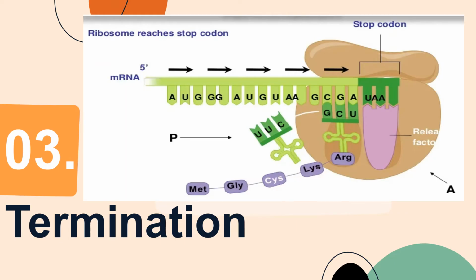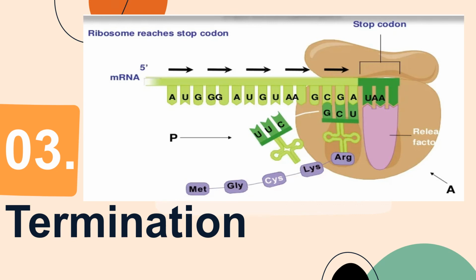And the last stage is termination, the finishing stage of translation. This is the stage of translation in which the finished polypeptide chain is released. These steps repeat and the polypeptide chain continues to elongate until a stop codon, UAA, UAG, or UGA, is reached.